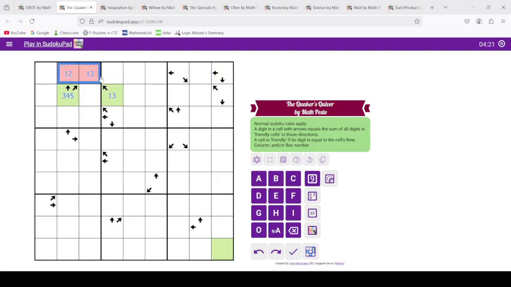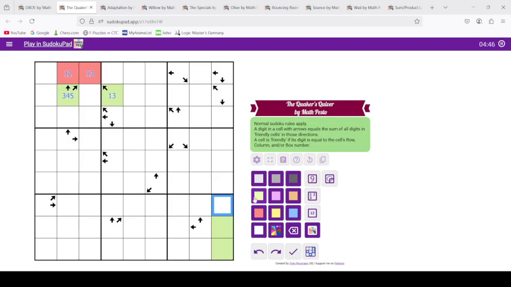This sees at least 3. So the most this could be is 6. Ah, yeah, there we go. If this were an 8, this is at least 3. So this cell would be counting at least 11, which is not possible. This could only be an 8 or a 9. Column, box, row is 8 or 9.